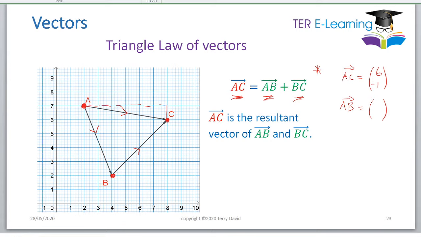Thanks, John. So what is the vector AB? Seeing somebody saying -5, 2.